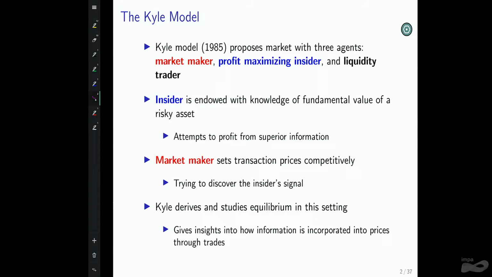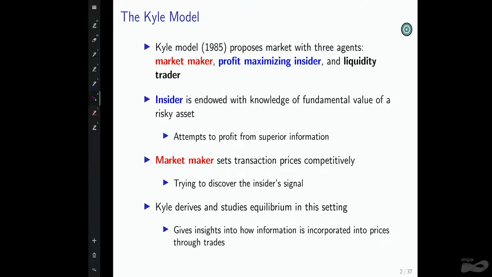In particular, the insider has some kind of knowledge of a future value of an asset, and they're going to try and exploit this knowledge to maximize expected profits. At the same time, the market maker is trying to set the transaction prices of transactions in a competitive manner. Essentially, the market maker is trying to sniff out the information that the insider has. And he's going to use that sniffing out to set the price of the transaction accordingly.